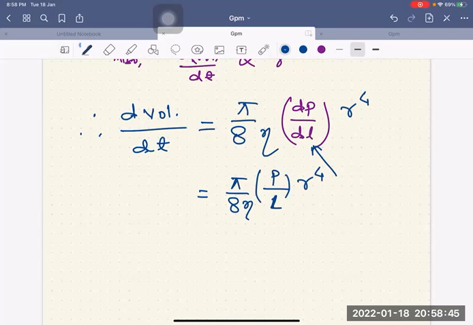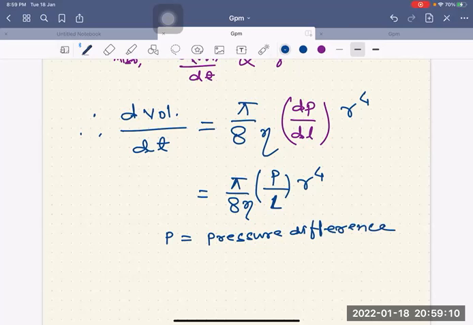तो इस term को कुछ ऐसे अलग अलग कर लेते हैं. So here P means the pressure difference.